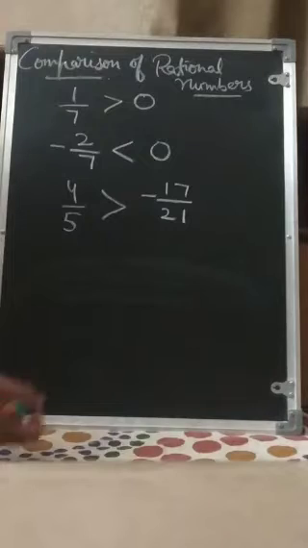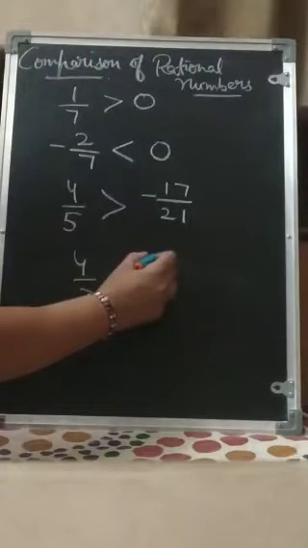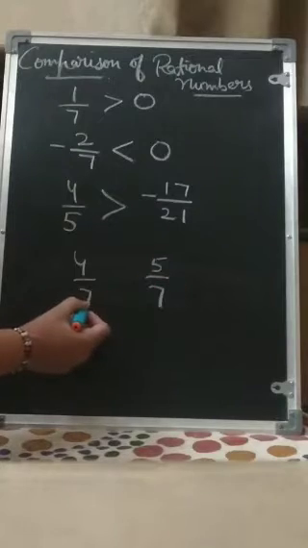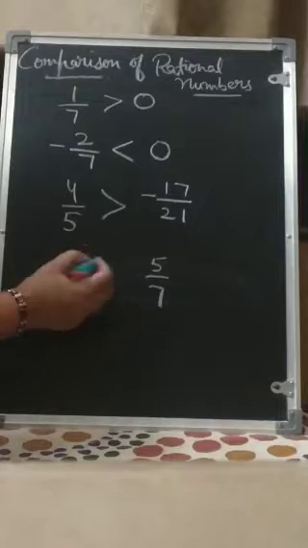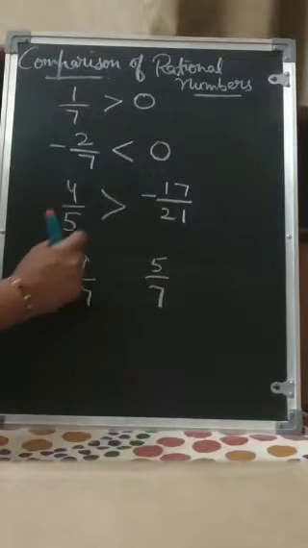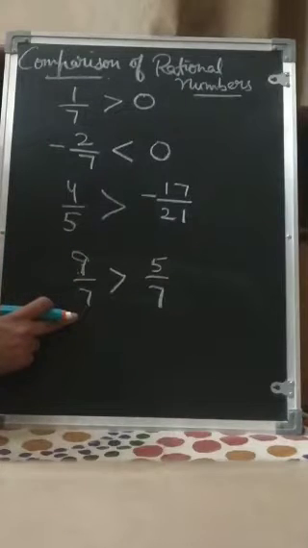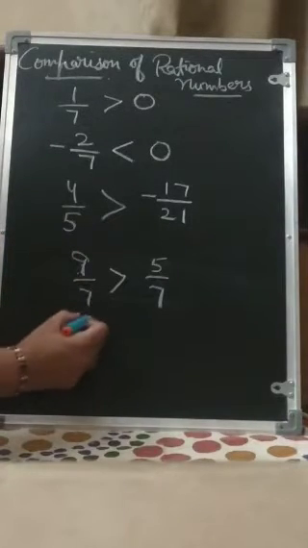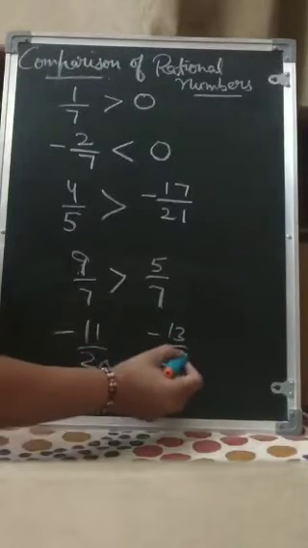Okay. Now if denominators are the same, suppose 4/7 or 5/7, or 9/7, then if the numerator is big, the fraction will also be big. Or you can take -11/20 and -13/20. Denominators are the same.